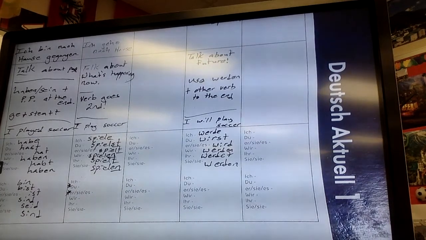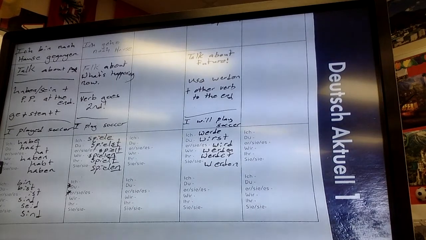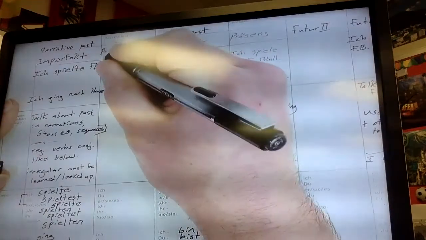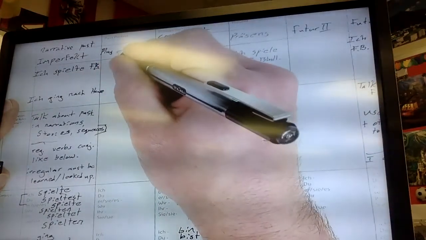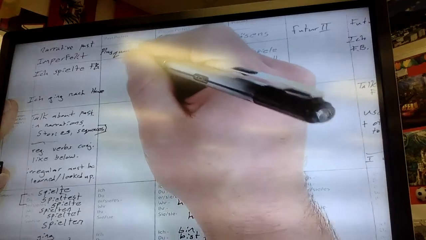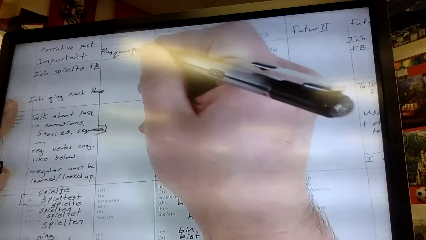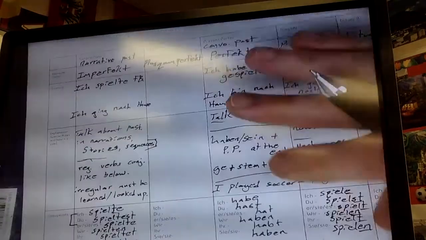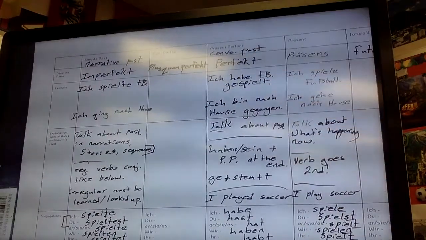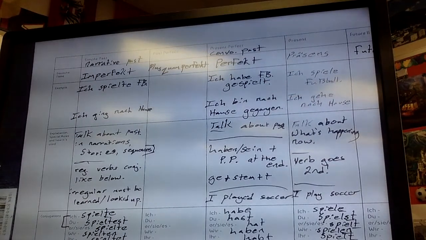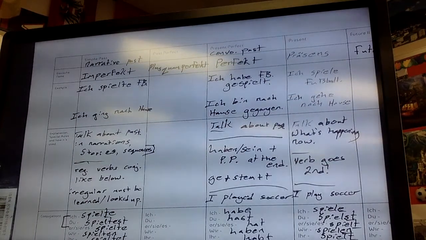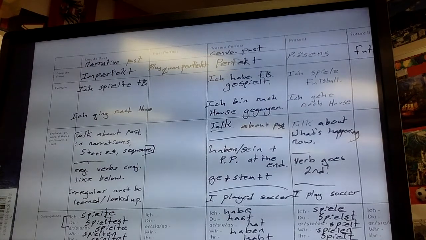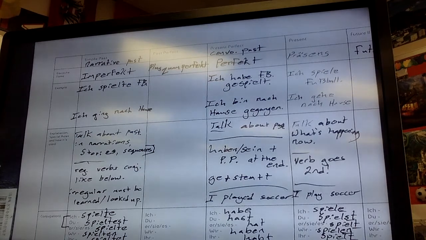So let's first talk about the past perfect. So in German, this is called the Plusquamperfekt. The Plusquamperfekt.